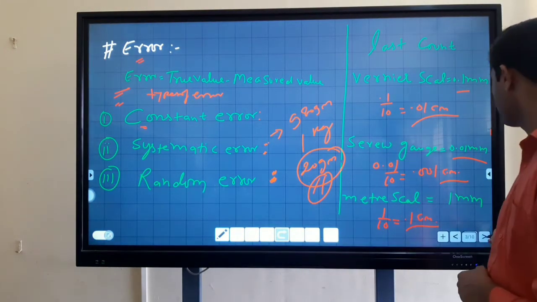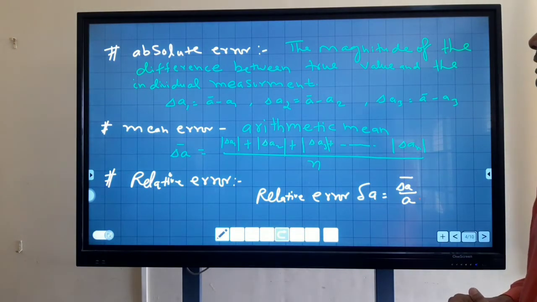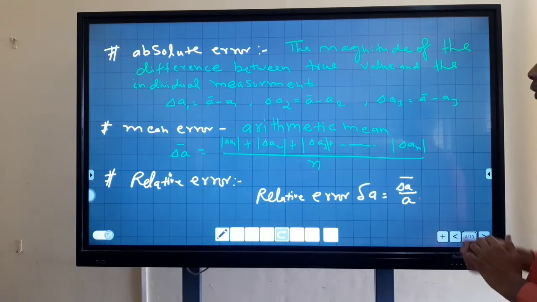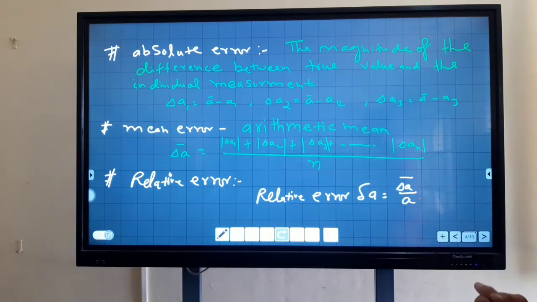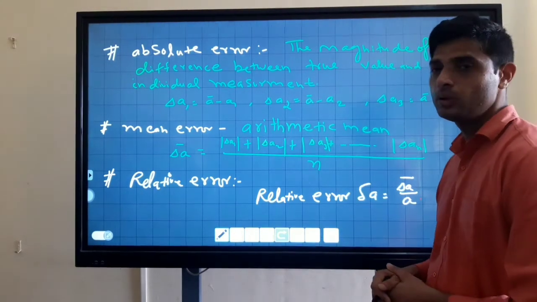Next, these terms belong to error: absolute error, mean error, and relative error. What is absolute error? The magnitude of the difference between the true value and an individual measurement is known as absolute error.